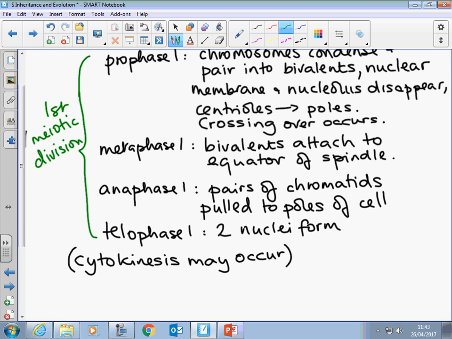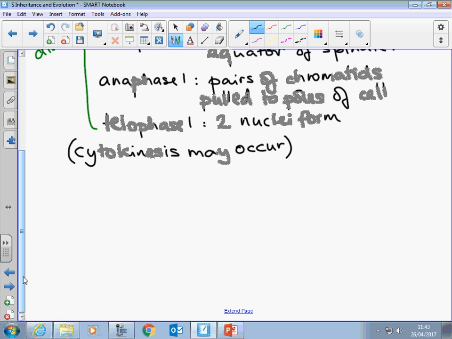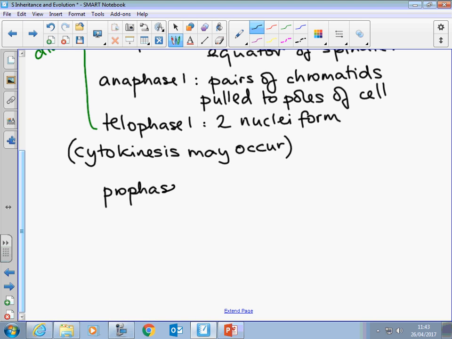Okay, now, the second division then, this should be a little bit simpler. Prophase 2. How should we describe this? Well, it's the same really.